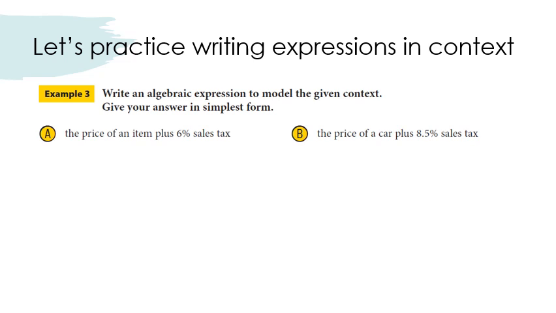All right, so let's look at example 3. Example 3 on page 48 asks us to write an algebraic expression to model the given context, and give your answer in simplest form. The price of an item plus 6% sales tax.